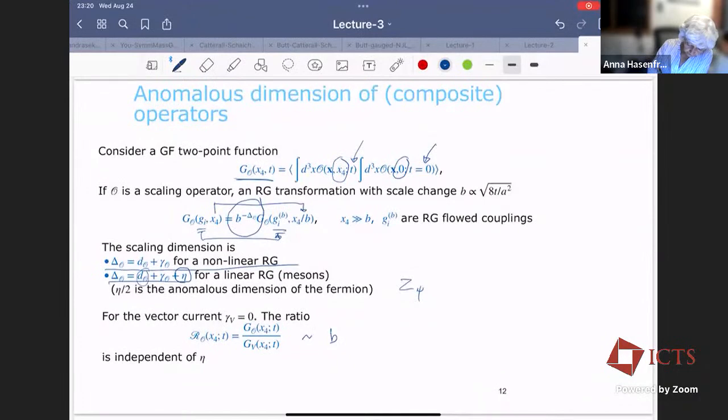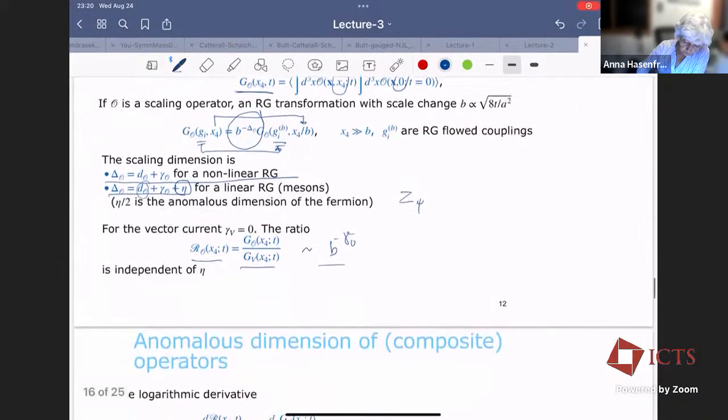So that will be just a D to the power of minus the gamma O, the anomalous dimension of O. And from this relation, it is straightforward to determine gamma. So the only trick we have to do here is to normalize everything with an operator that has no anomalous dimension and will cancel the unknown eta exponent.